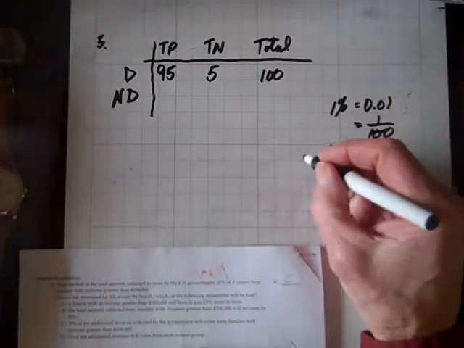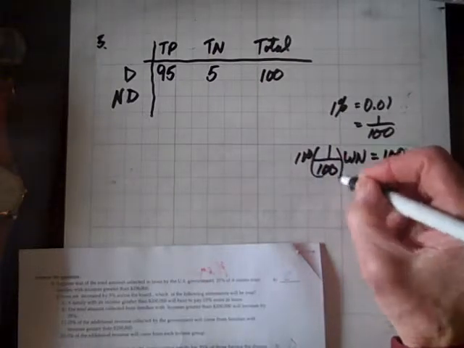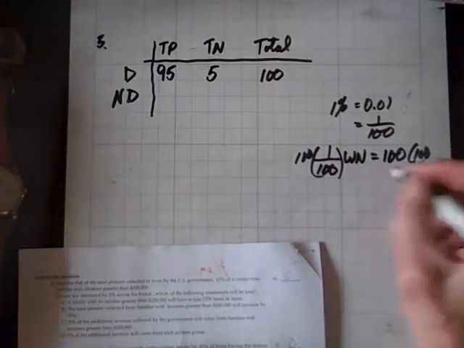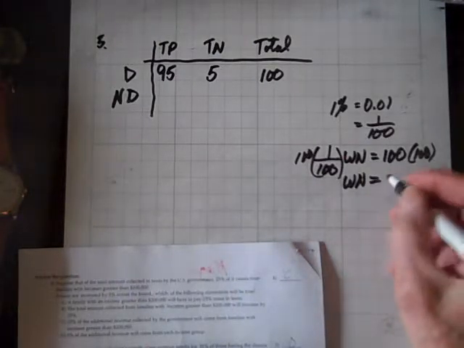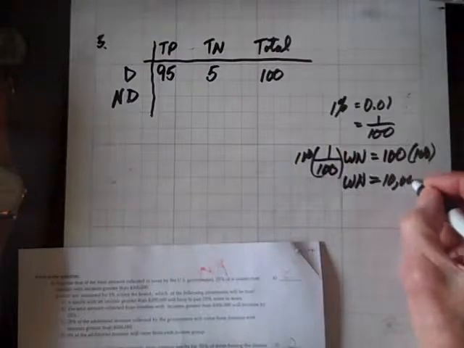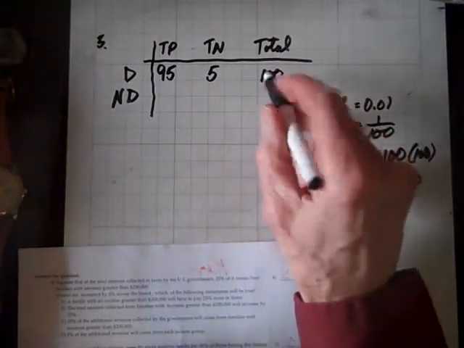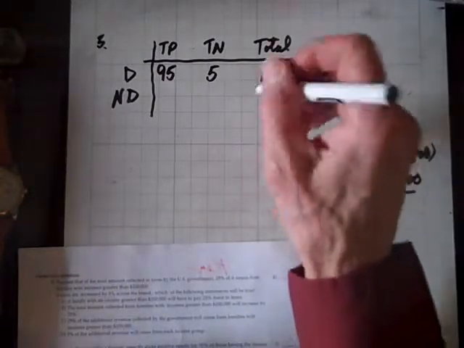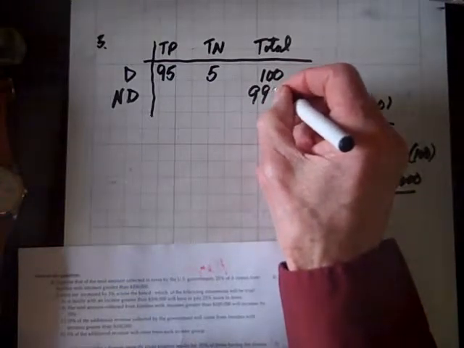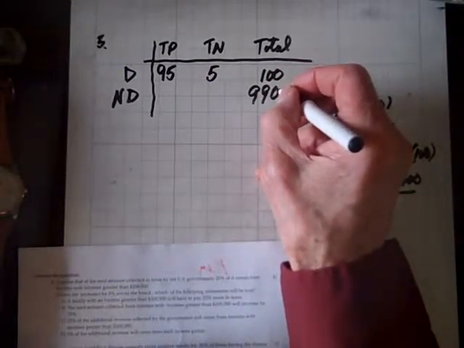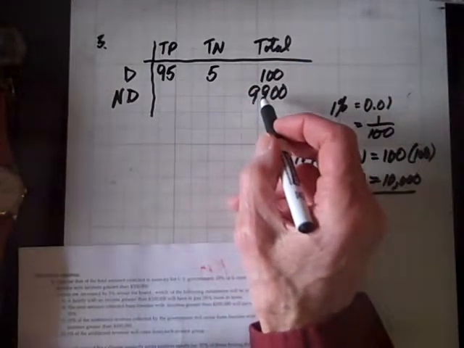Now, if we multiply both sides by 100 times 100, we get the total, and that's 10,000. So there's a total of 10,000 people. Well, we've already accounted for 100 of them here, so there must be 9,900 people remaining that do not have the disease.